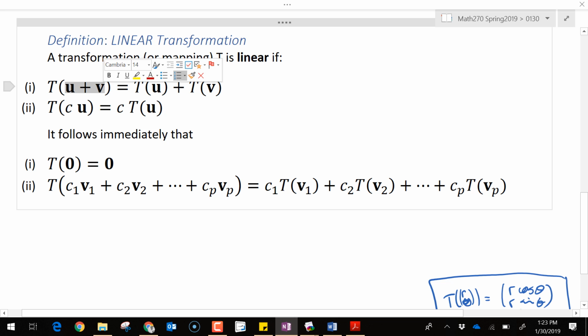When you add two vectors in the domain and then apply the transformation, it's equal to the sum of those outputs in the codomain, in the range. Let's call that an additive property. The other property is a scalar multiplication property, where scaling something in the domain is the same thing as taking the transformation and then scaling in the codomain.